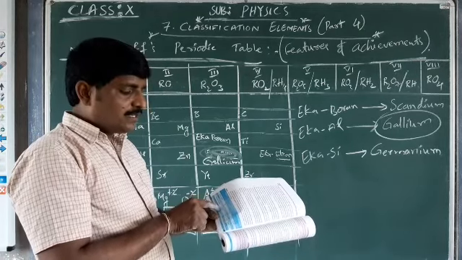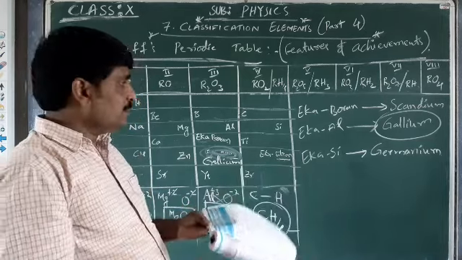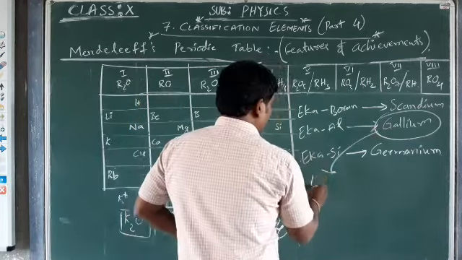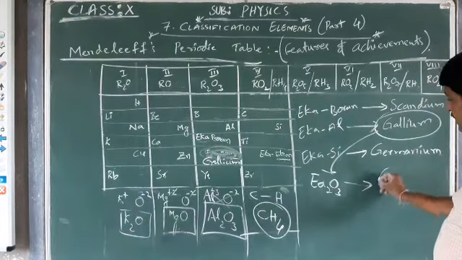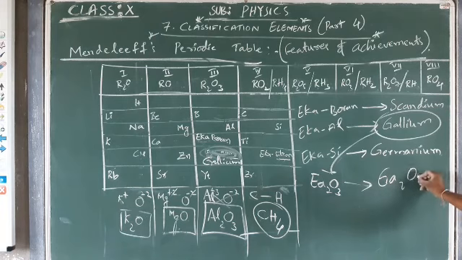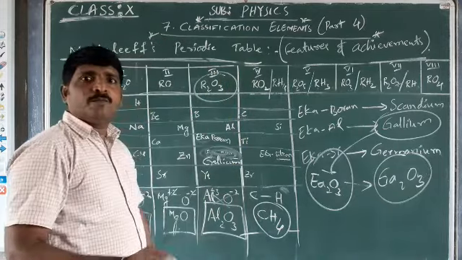Same. The predicted formula was EA2O3, and for gallium, after observation, it is Ga2O3. The same chemical formula, with the reference of the third group.